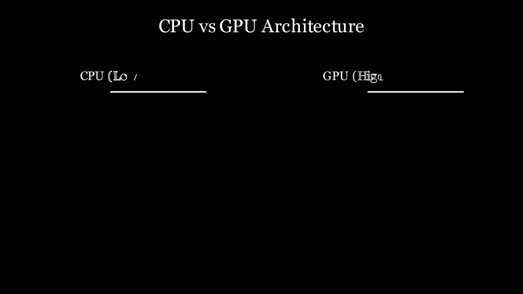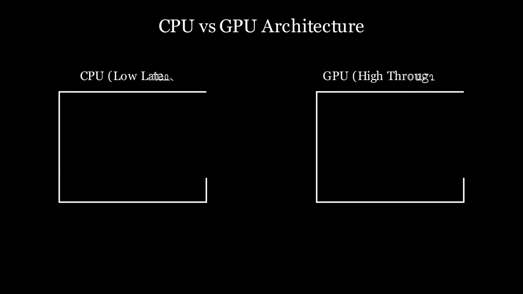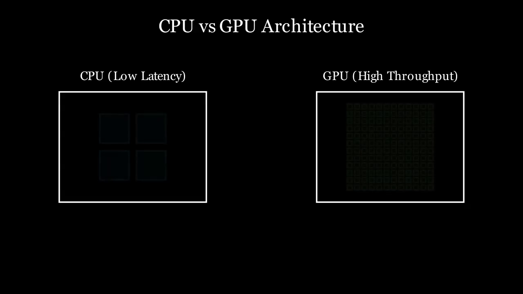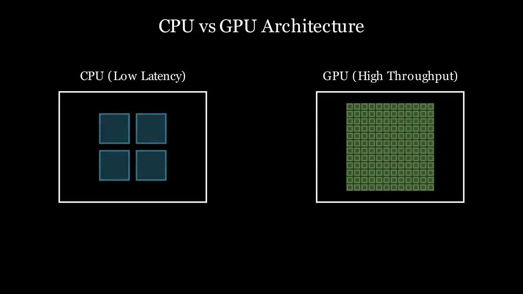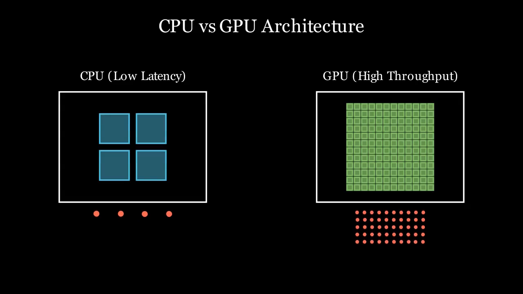The fundamental difference lies in architecture, CPU versus GPU. A CPU, like an Intel Core i9, is a general-purpose master, optimized for low latency. It has a few powerful cores designed to handle complex logic and branching. However, a GPU, pioneered by NVIDIA, is built for high throughput.